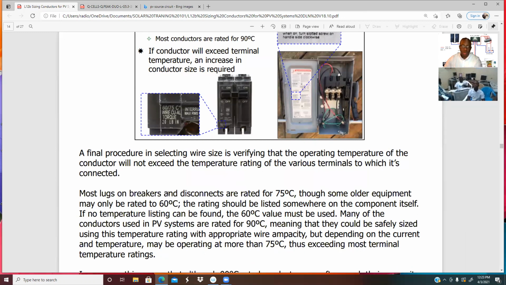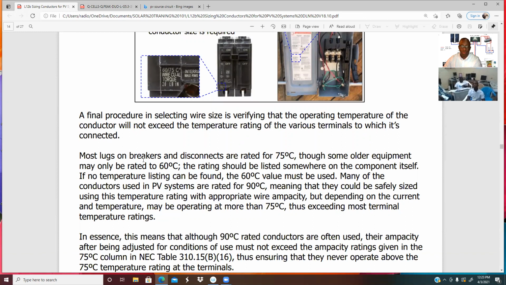Most breakers and disconnects are rated for 75 degrees Celsius, though some older equipment may only be rated for 60 degrees. The ratings should be listed somewhere on the component itself.